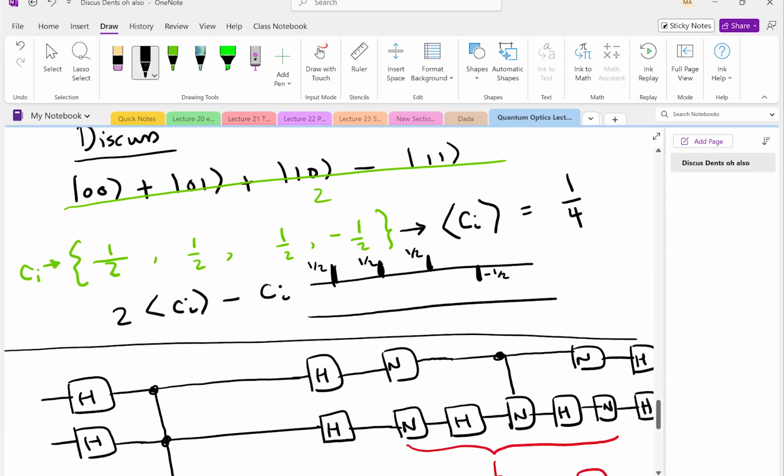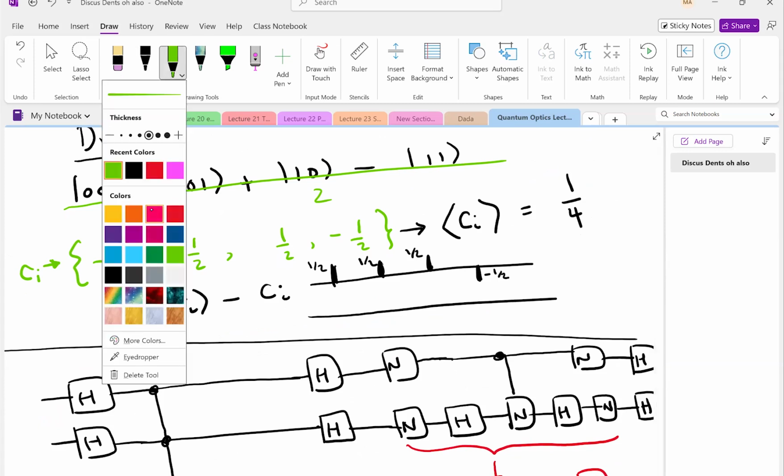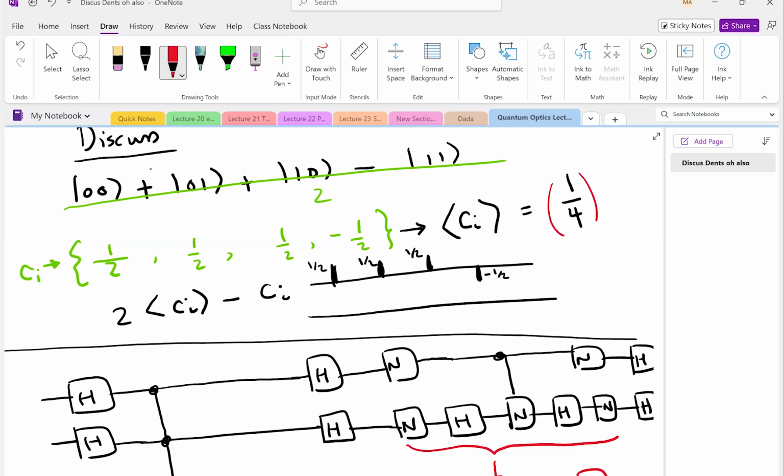Now my new probability amplitudes, each one of them is the following. 2 times this is 1/2. From 1/2, I subtract the probability amplitude, I get 0, 0, 0, 0. And this is half minus 1/2, which is a probability amplitude of 1.